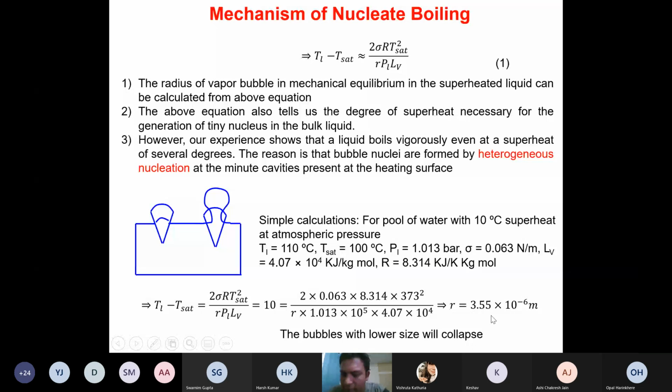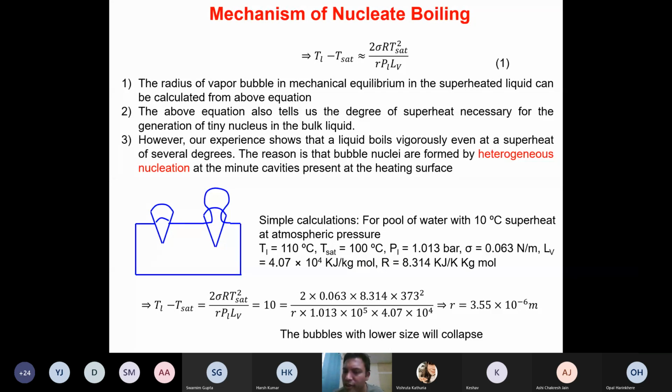So what it means is, if the bubbles are formed lower than 3.55 micrometer size, then all such bubbles are going to collapse in the liquid, and only the bubbles with size equal to 3.55 micrometer or above are going to remain stable in the liquid. That is what it means.